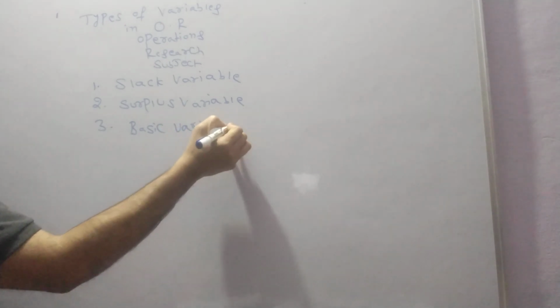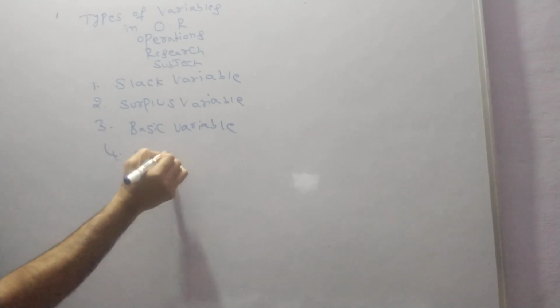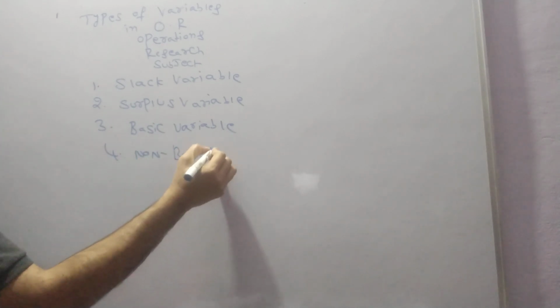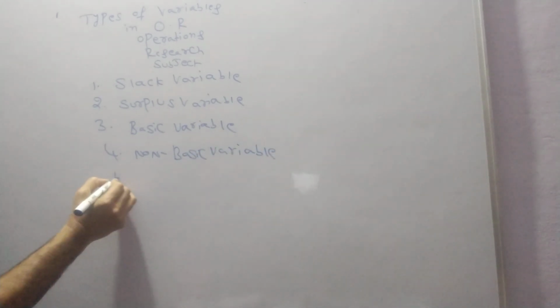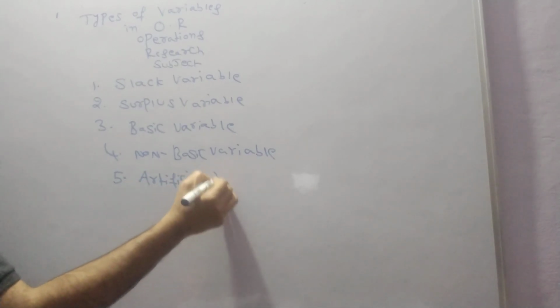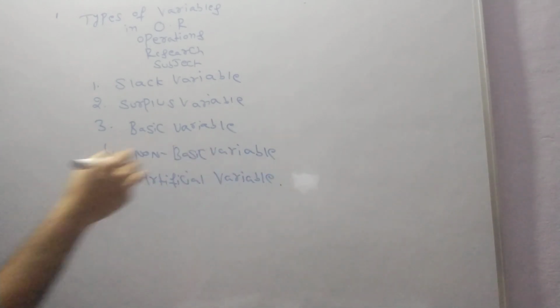Third one is basic variable. Fourth one is non-basic variable. Fifth one is artificial variable. So one by one we will discuss in detail.